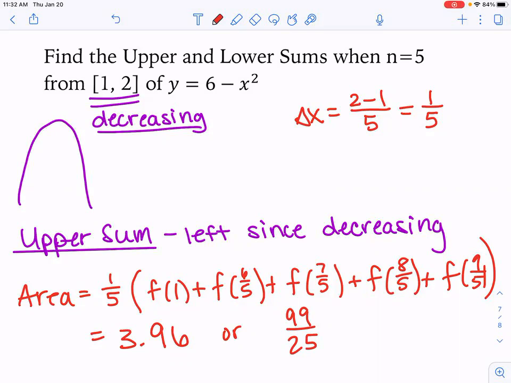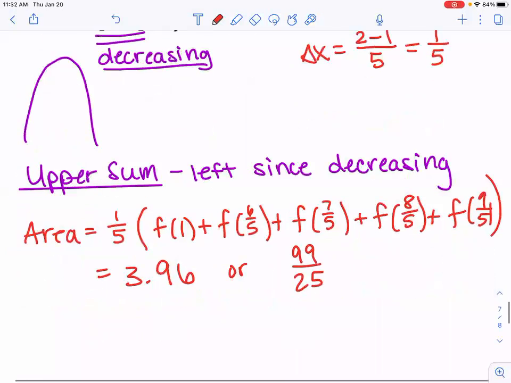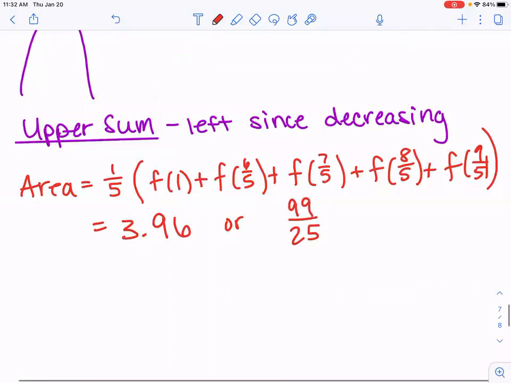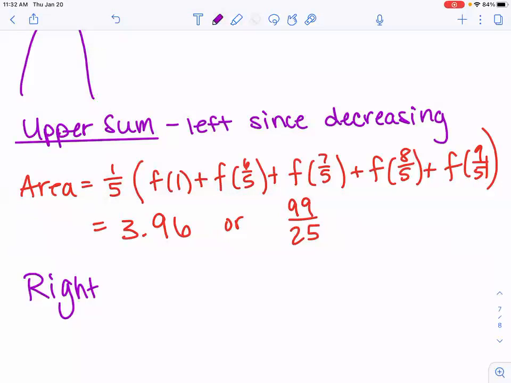And then to find the lower sum, we would do the right endpoint approximation, okay? And what's nice about this is if we were to do it, we already have f of x in our calculator.